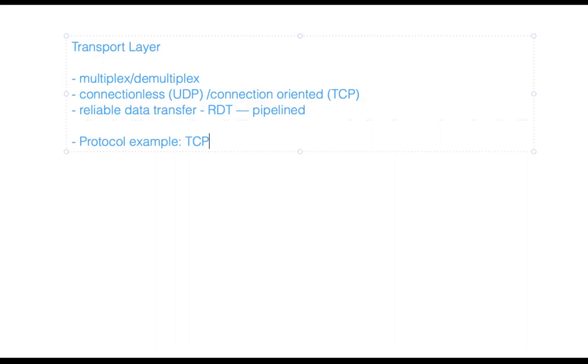So is pipelined in contrast to RDT, or is pipelined a type of RDT? RDT is a kind of reliable principle, but this principle is used for stop and wait. The pipelined one just tries to speed up this RDT.